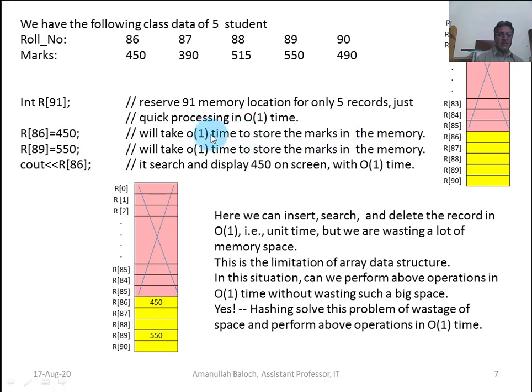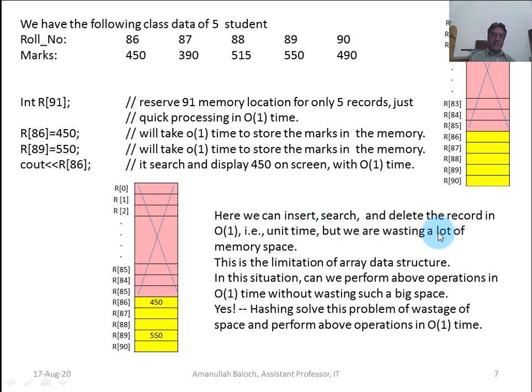That is, very quickly it will jump to that location and store the value in unit time. Similarly, the second value will be stored in unit time, and when we retrieve, it will jump to this memory location, fetch the value and display it. It will also take O of 1 time. Here we can insert, search and delete a record in O of 1 time, that is unit time.